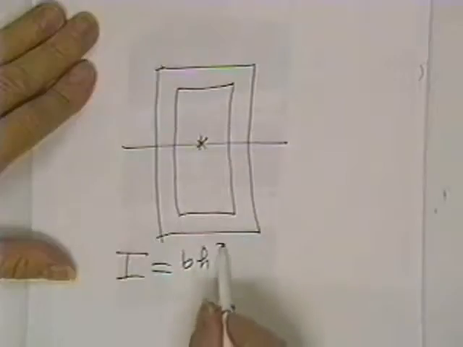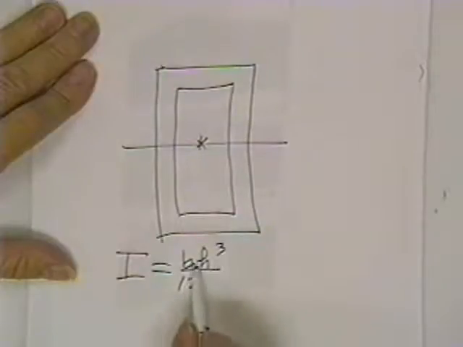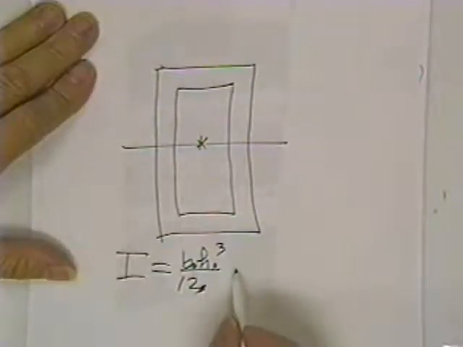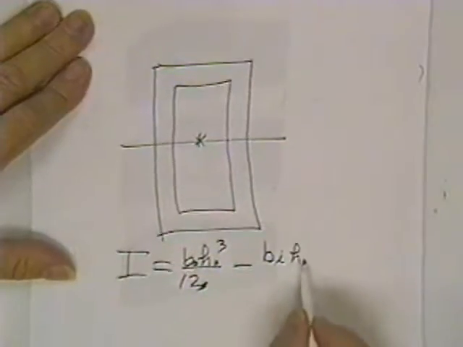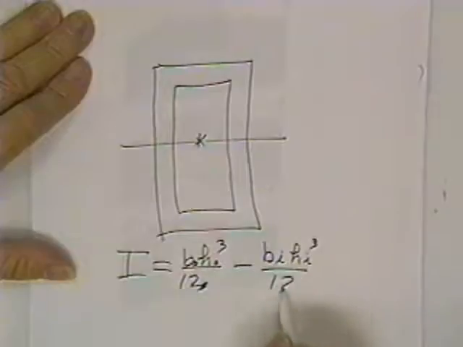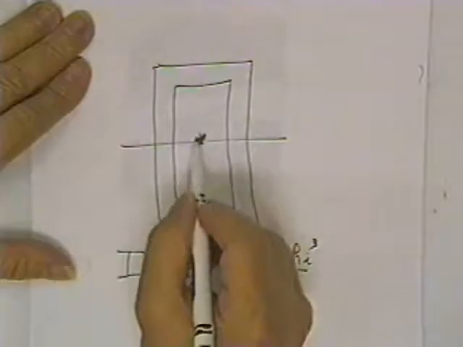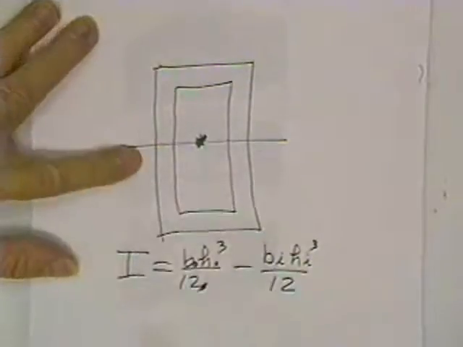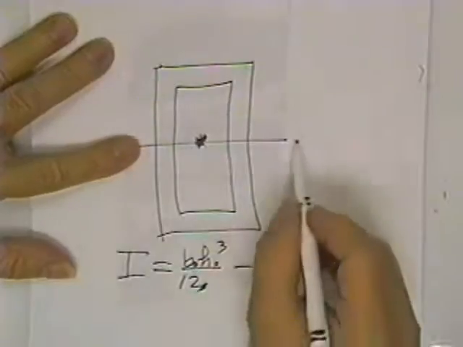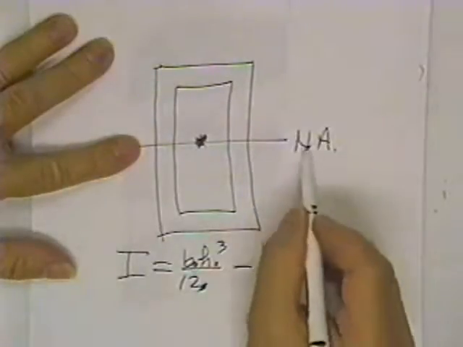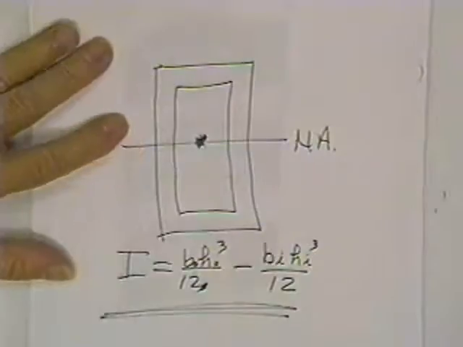That would be B H cubed over 12 for the outside square. Minus B inner, height inner, cubed over 12, because it's a missing piece. Its centroid is also right on the top. Neither of them have any transfer moment of inertia, because they live right on top of the neutral axis, and therefore this is the answer.